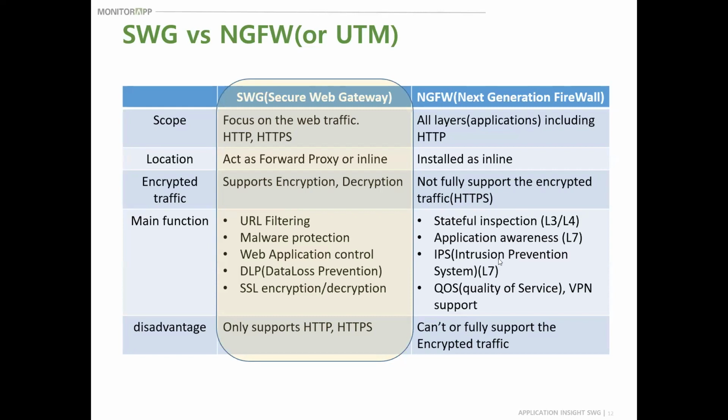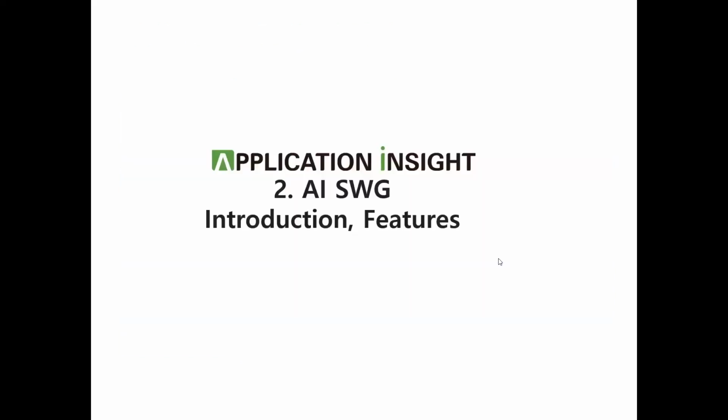In order to support the decryption, the NG firewall needs an additional license and an upgrade to a higher spec, because NG firewall was not designed to support encryption and decryption. Now, you may understand a little bit why SWG is required.